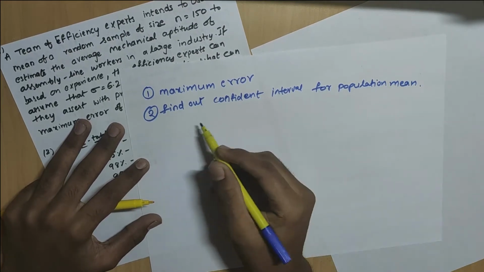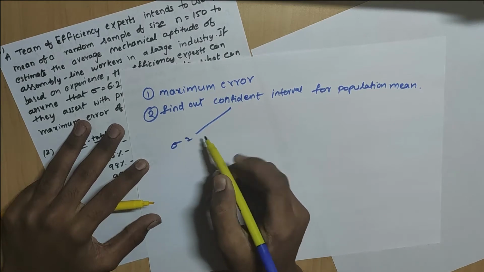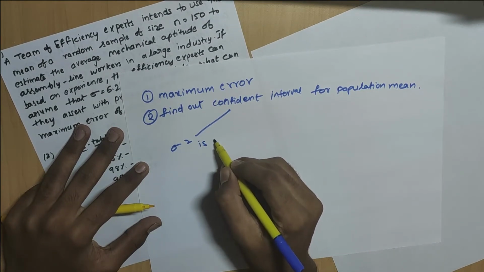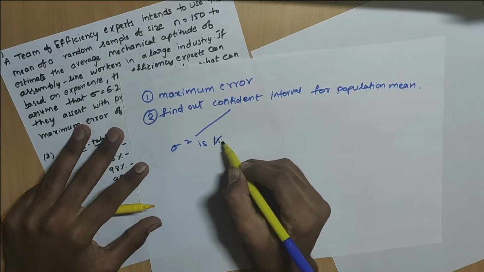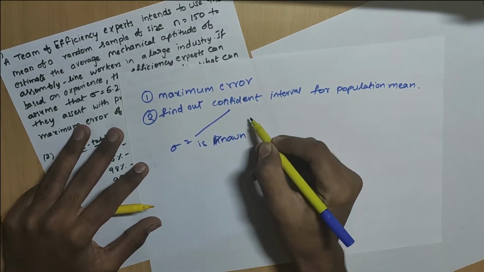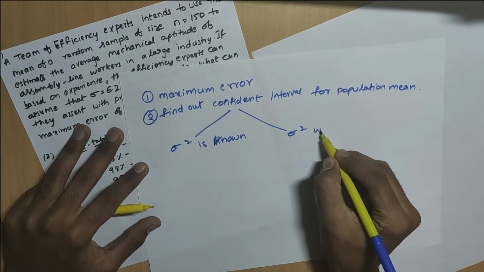In this there are two conditions: where sigma square is known, and where sigma square is unknown.